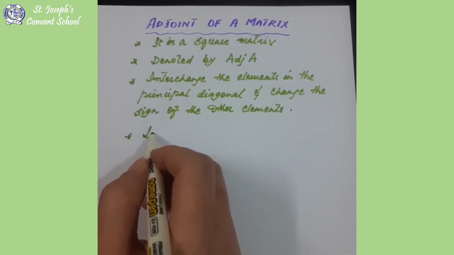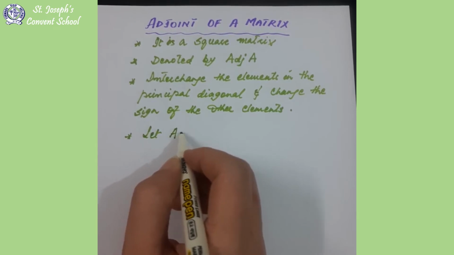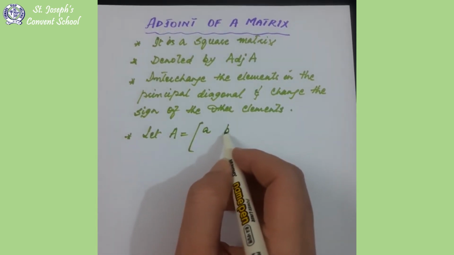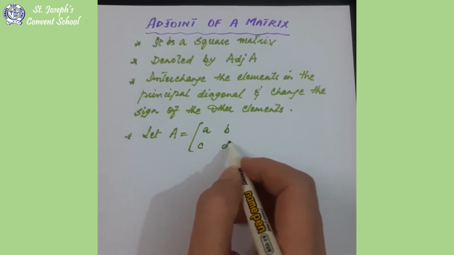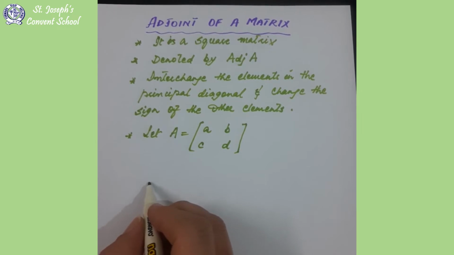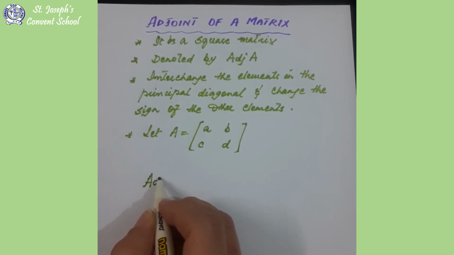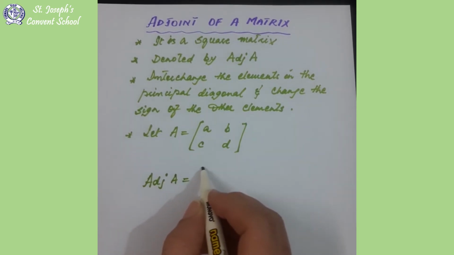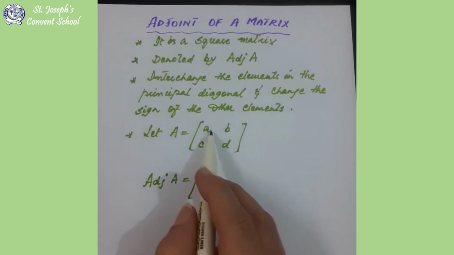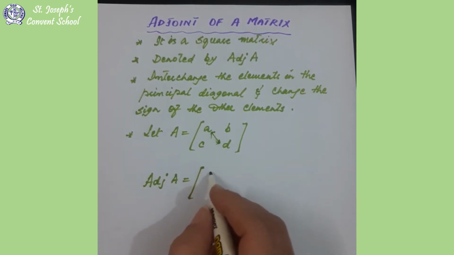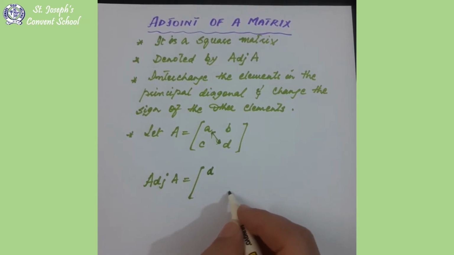Let matrix A be given. Matrix A is A, B, C and D. So according to the condition, we will write ADJ A equals to, now change the place of principal diagonal. These two are principal diagonal, so exchange their places. D will go there and A will come in the end.